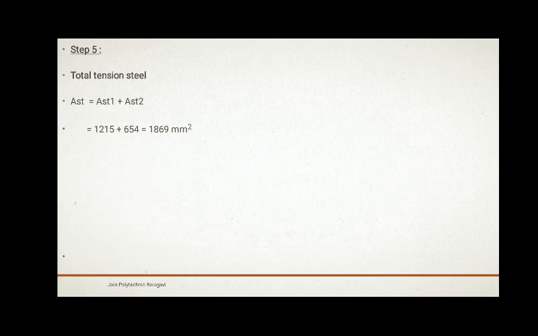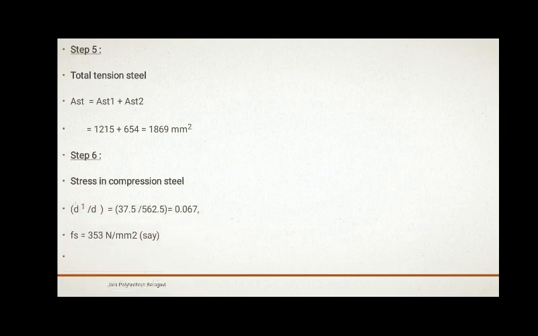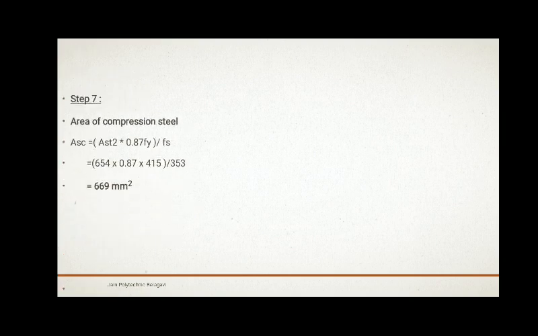Step 5, total tension steel Ast is equal to 1215 plus 654, we get 1869 mm square. Step 6, stress in compression steel, d dash by d is equal to 37.5 by 562.5 is equal to 0.067. Now fsc is equal to 353 Newton per mm square, that is taken from the code book.